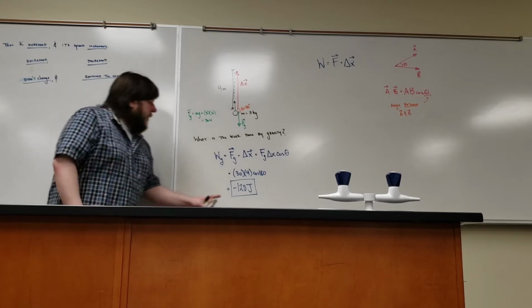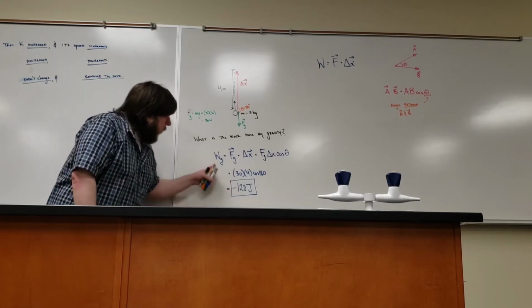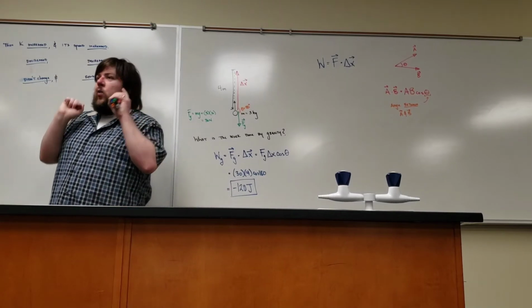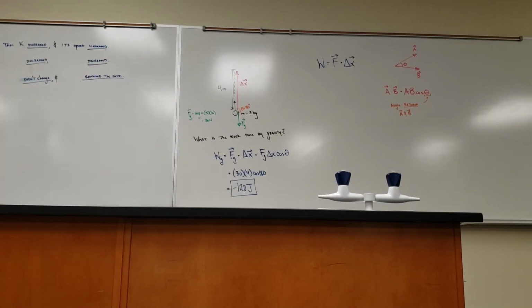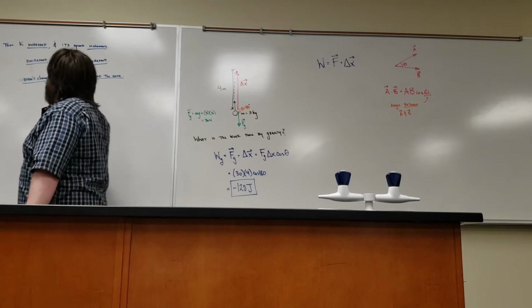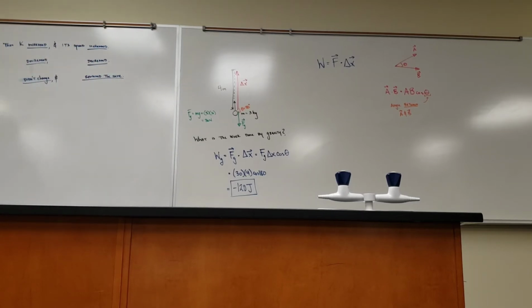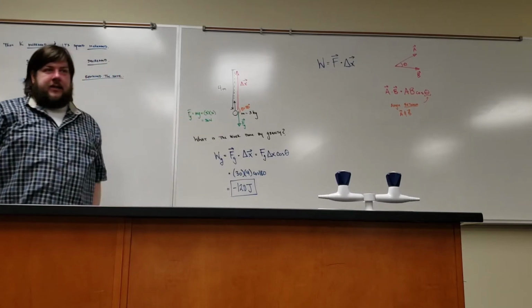I want to understand why the work due to gravity is negative. The way to understand why the work due to gravity is negative is by understanding these points that I made right here. As my object goes upward, what is gravity doing to the speed of the object?